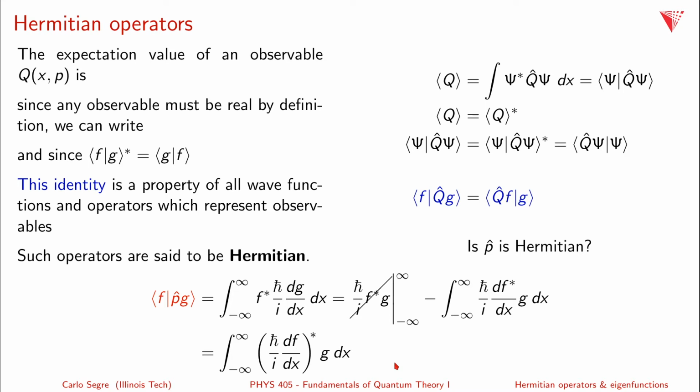It's what exists in the bracket. And this can be written as bra pf, ket g. Because of this, p is clearly Hermitian, because I started over here on the right side, applying it to g, and I can manipulate it with a simple integration by parts and bring it over to the left side and apply it to f. And these are equivalences.